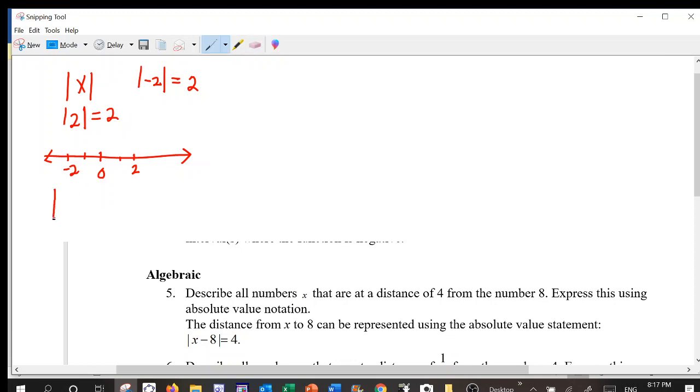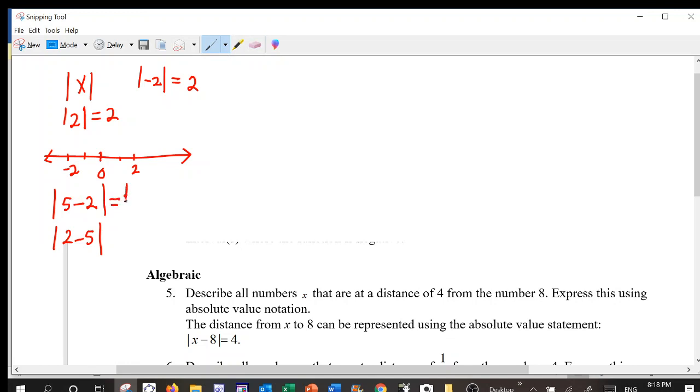So for example, when I write 5 minus 2 in absolute value, it means the distance between 5 and 2. The same is 2 minus 5. 2 minus 5 is the distance from 5 to 2. 5 minus 2 is the distance from 2 to 5, which is basically the same.